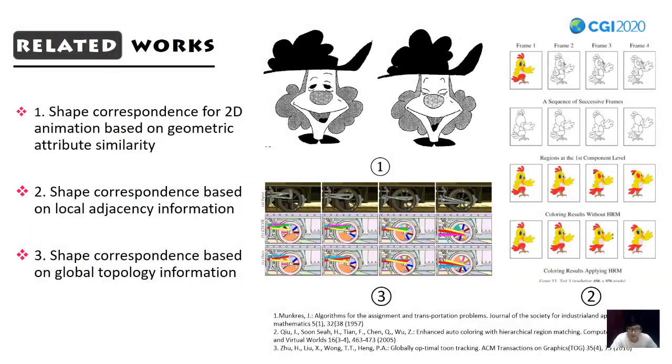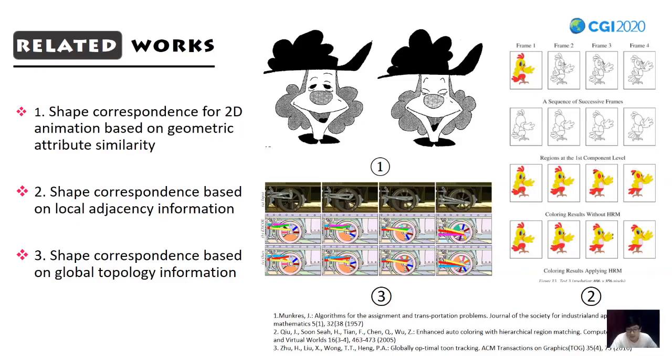The previous methods can be roughly classified into three categories: methods based on geometric attributes, local topology, and global topology. However, their shape similarity matrix is only sensitive to local geometric features, and it is not robust to similarity transformation.